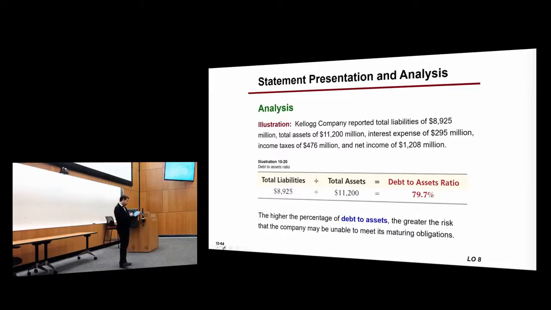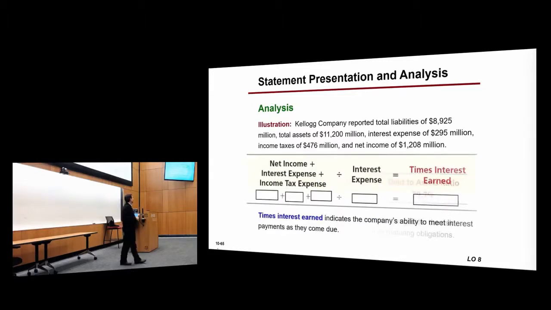Okay? So, debt to asset ratio is looking at the percentage of your assets that would be equal to your liabilities. This will look at the company's ability to pay their debts. Okay?